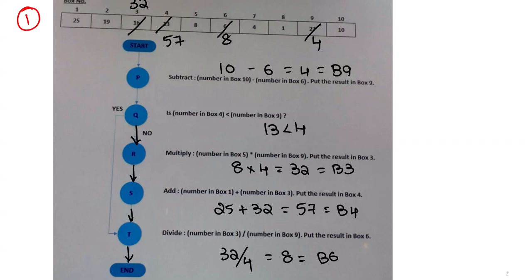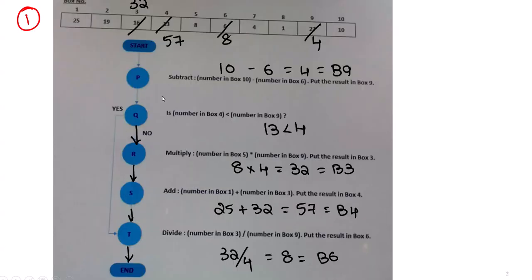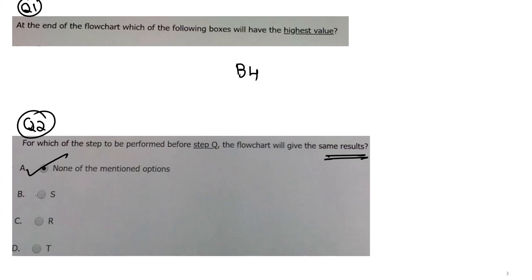If R is put before Q, okay, after P also, that is mentioned. Before Q means I'll assume just before Q. If R is kept here, as box 9 is already updated, it won't disturb. But if S is put before R, Q, it will disturb for sure. S and T no. We are worrying about whether it is none or the R option.